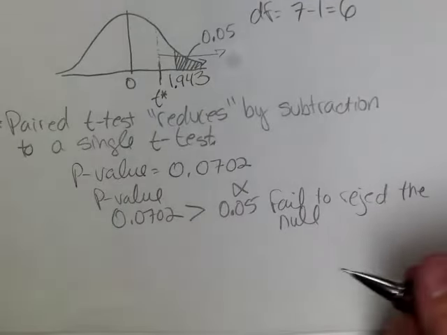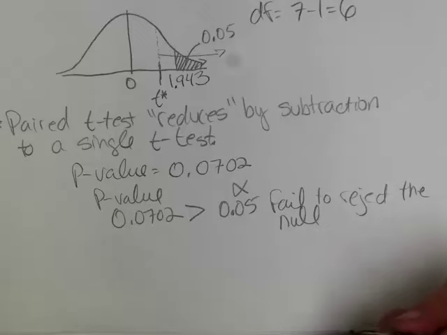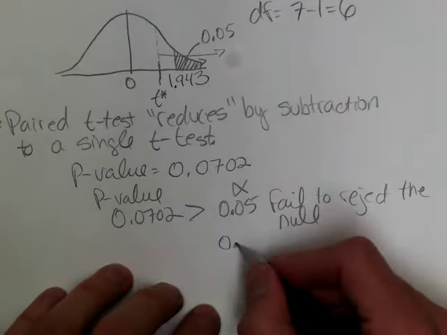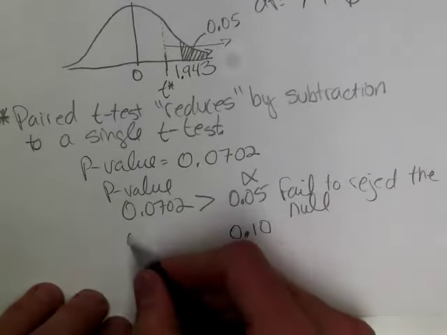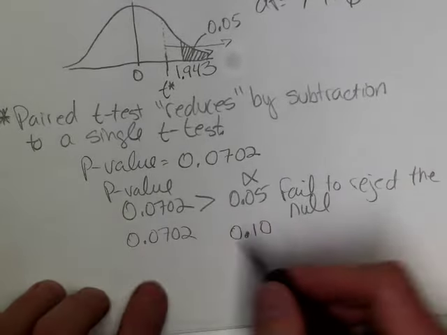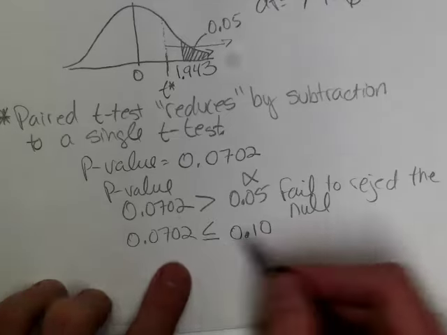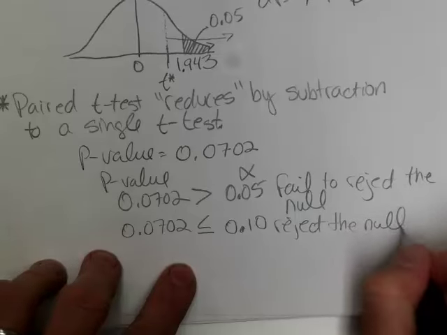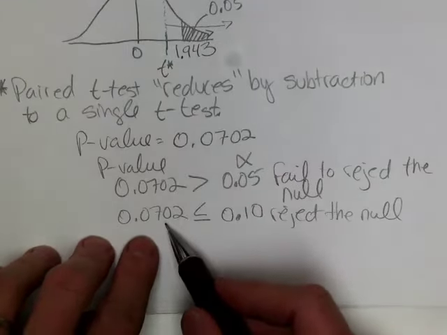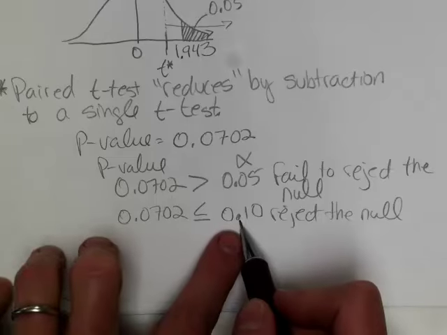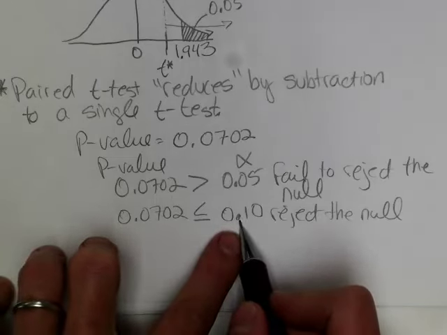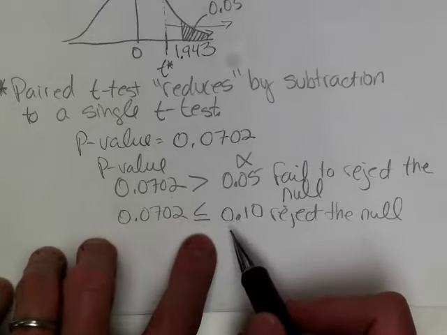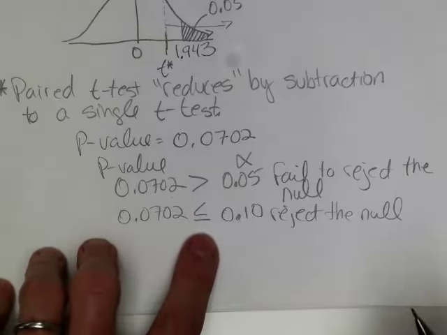Now, if for argument's sake the researcher or the manufacturer was instead using a significance level of 0.1, the decision in that case would be to reject the null. Okay, because here the p-value would be less than or equal to 0.1. Okay, so keep in mind that sometimes the decision changes depending on what level of significance you're using.